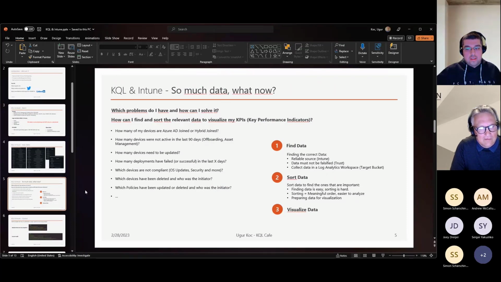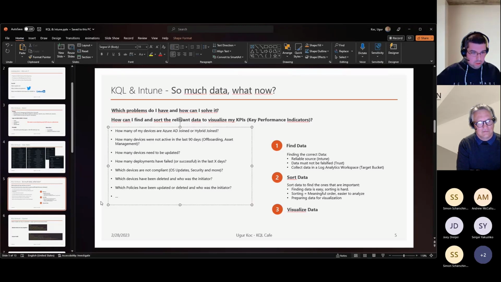And the story of me is, why did I start with KQL? There has to be a problem that I want to solve in the first place. So I thought about it. Which problems do I have, and how can I solve them? And the problems that I have, or the questions that I have, are here at the bottom, which we go through with 2 or 3 examples later on.